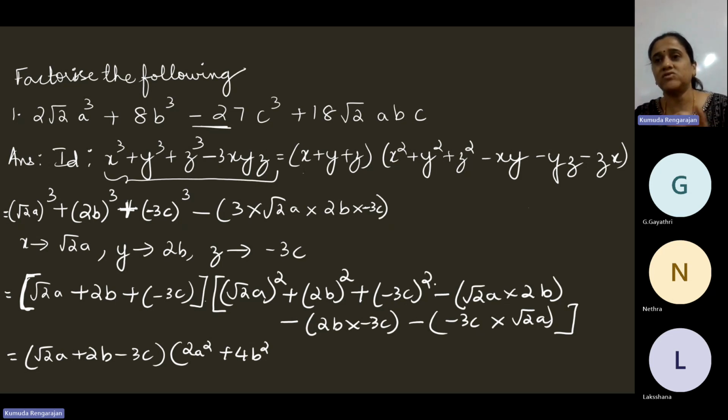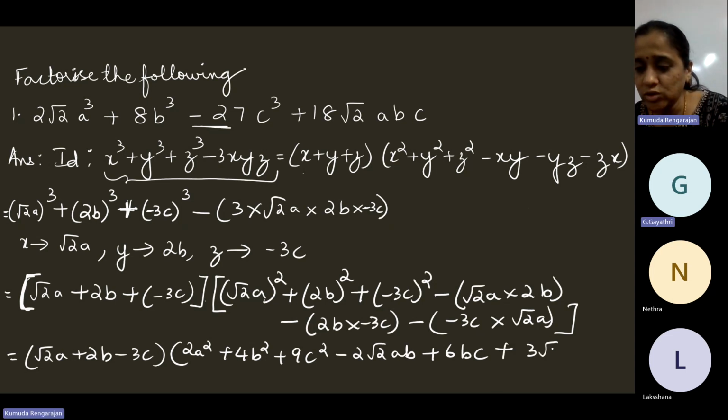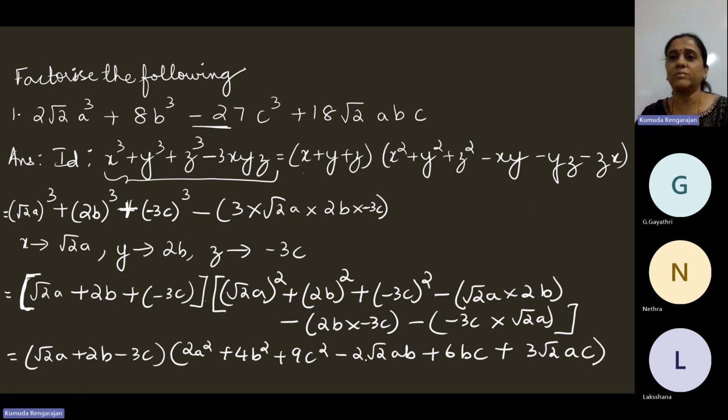Simplify that first. Minus 3c into minus 3c is plus 9c square. So plus 9c square minus 2 root 2 ab. Then plus 6bc. Then plus 3 root 2 ac. That's it.